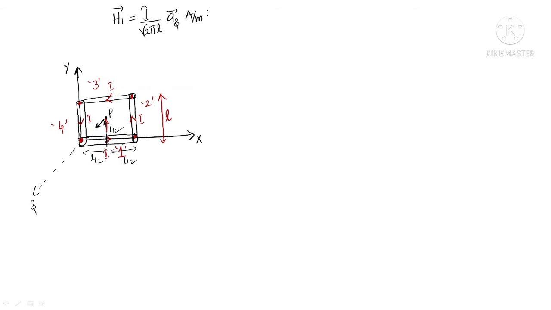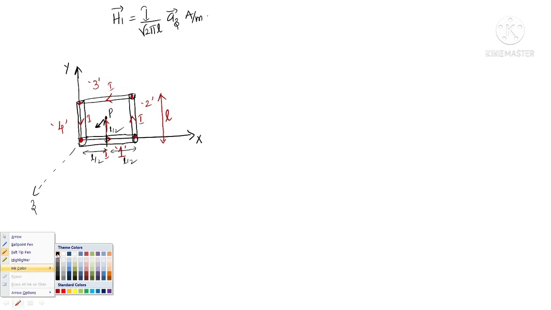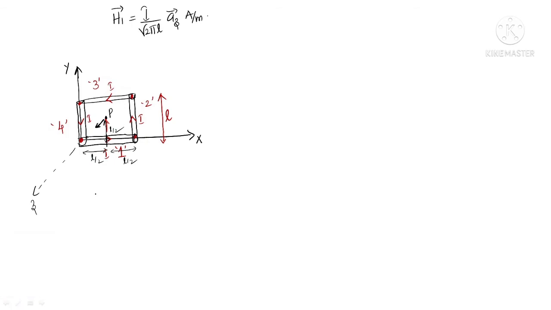Okay. Now let us find due to the second side. Let us find the magnetic field intensity due to the second side. What is this? It is H2 bar, right? So in order to find the H2 bar, how can I find? First of all, I need to know the generalized expression for field intensity due to a finite and straight current carrying conductor, and it is given by I by 4 pi rho.